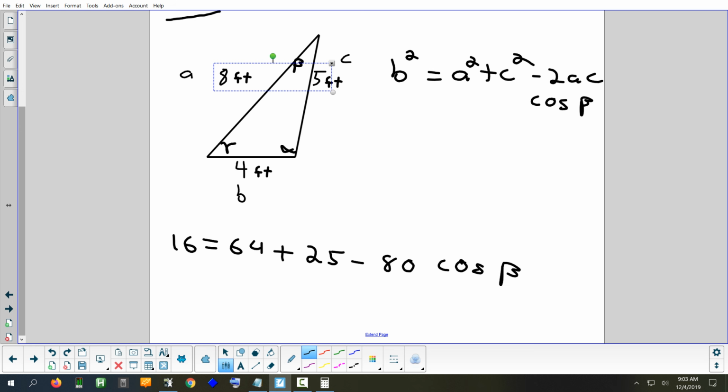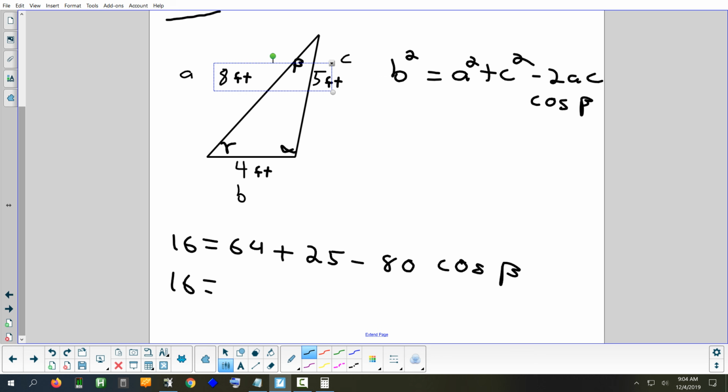Cosine beta. Okay, so our goal is to combine all those like terms together and get our answer for beta. What could I do first on the right? Yep, I can add 64 and 25.